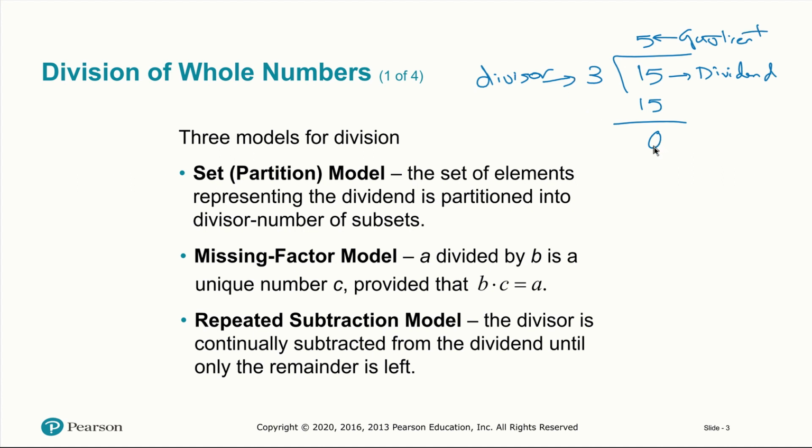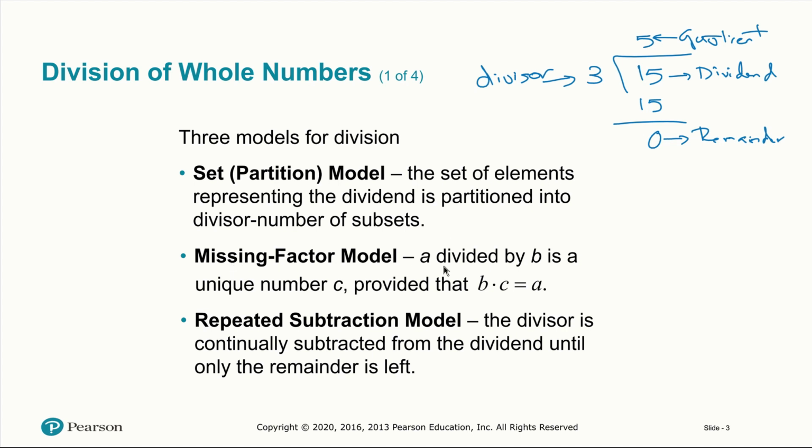And in this particular example, the remainder is 0. So that's what we're talking about in this particular case with these words such as dividend and divisor number of subsets. We'll look at an example of that in a minute and it'll make more sense.